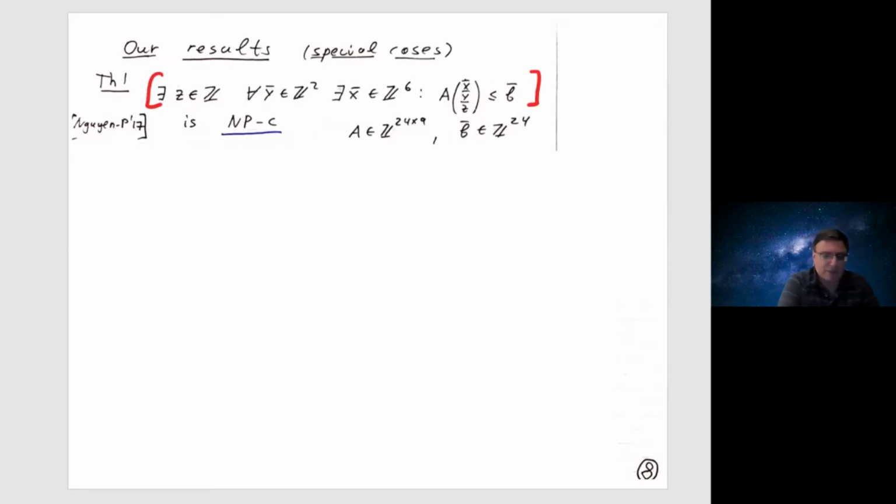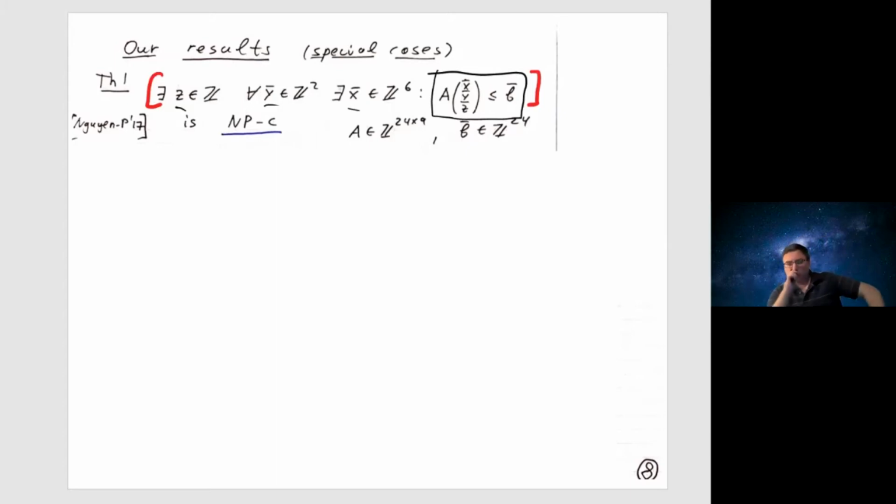There exist z, y, and x, where x is 6-dimensional, y is 2-dimensional, and z is 1-dimensional, so that the number of integer points in this convex polytope defined by A(x, y, z) less than or equal to b is actually NP-complete.